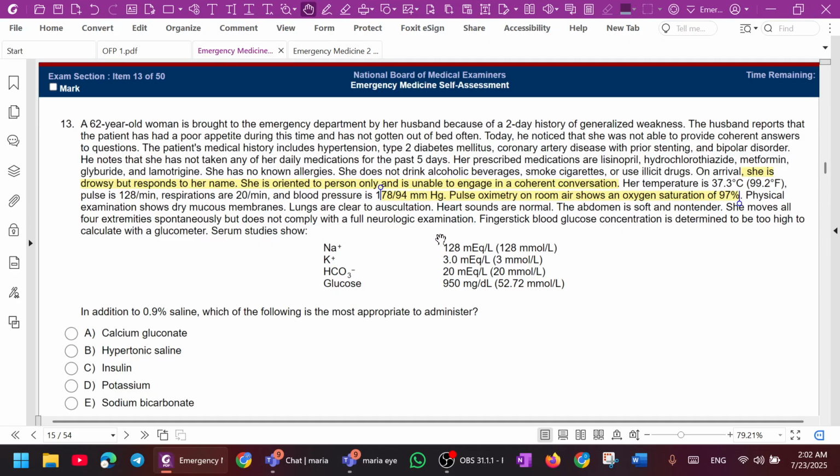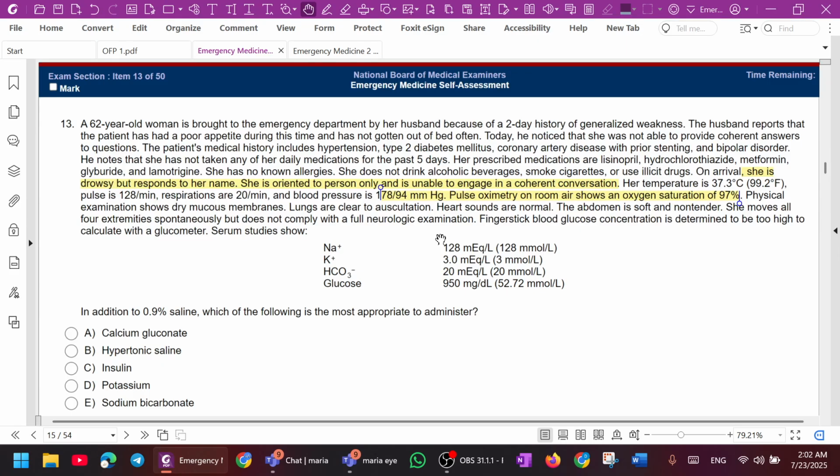She moves all her extremities spontaneously but does not comply with the full neurologic examination. Fingerstick blood glucose concentration is too high to calculate.